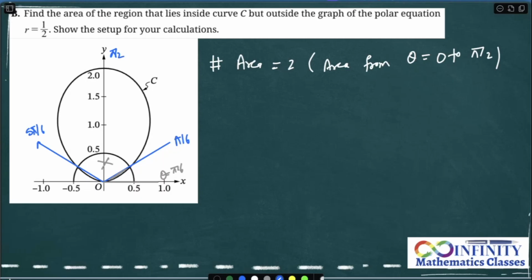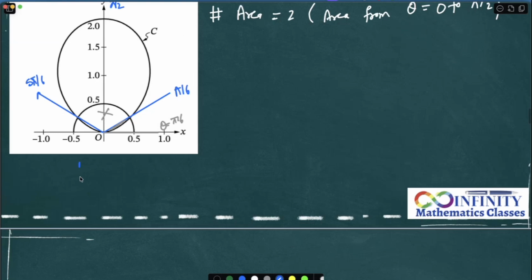Check. Just suppose this is the axis for the polar curves, and there are two angles given to you. One is theta equals alpha, one is theta equals beta, and there are two curves.